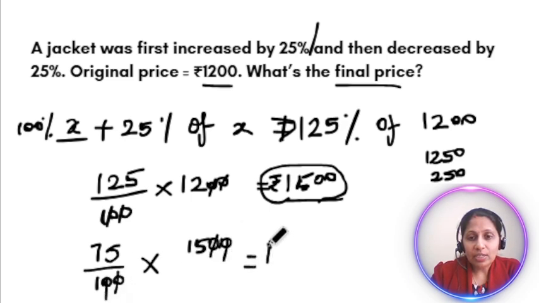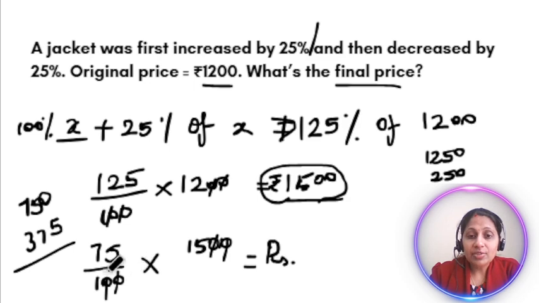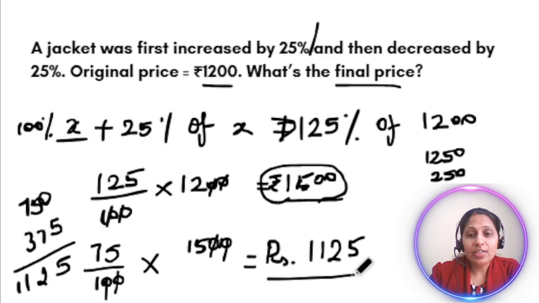So now you get rupees. 10 times 75 gives you 750. Then again 5 times 75 gives you 375. Then you add them up, which is 1125. So the final price is 1125.